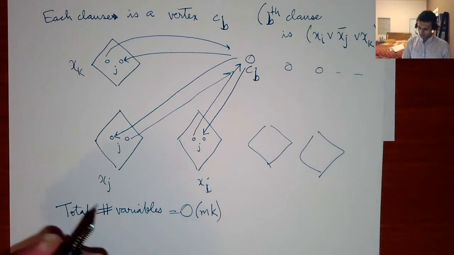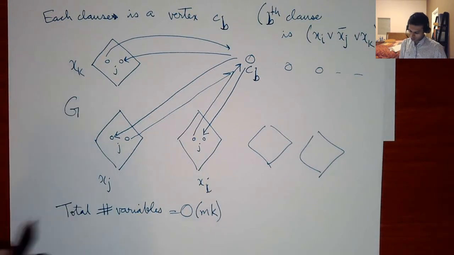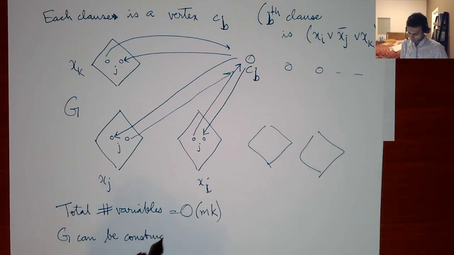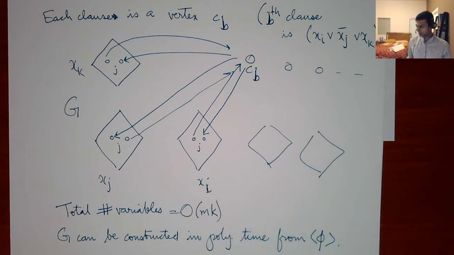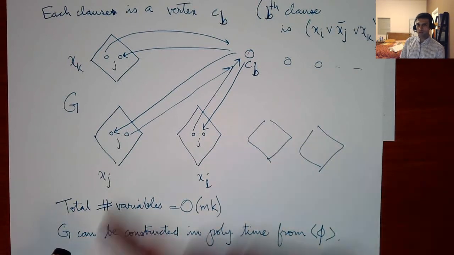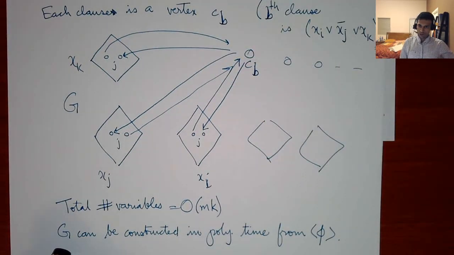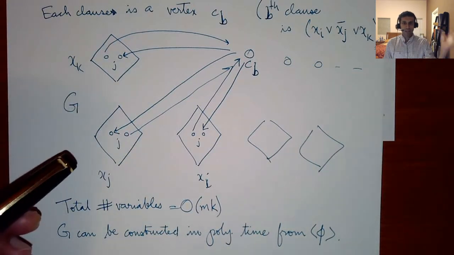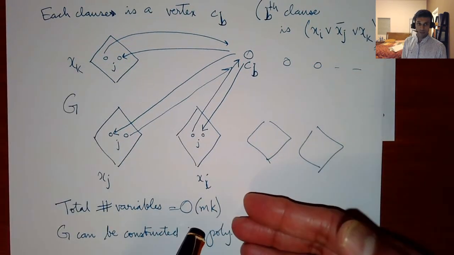And clearly this graph, I'm just going to refer to this as G, G can be constructed in polynomial time from the encoding of the Boolean formula. So given your 3-CNF, it's easy to construct because you would basically create all these vertices, create all the gadgets, connect them up appropriately, and it's going to be of polynomial size.